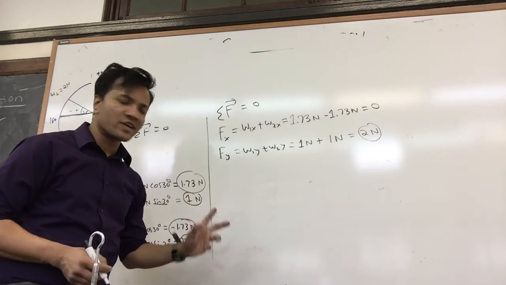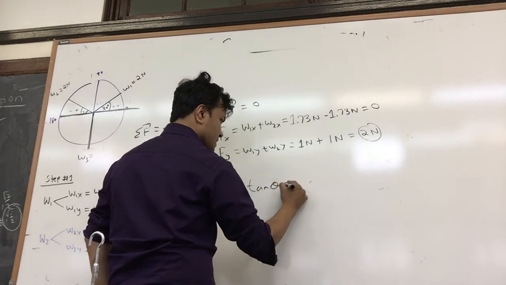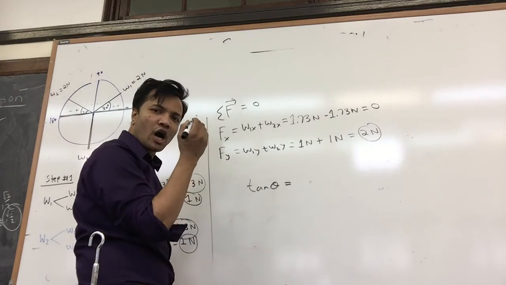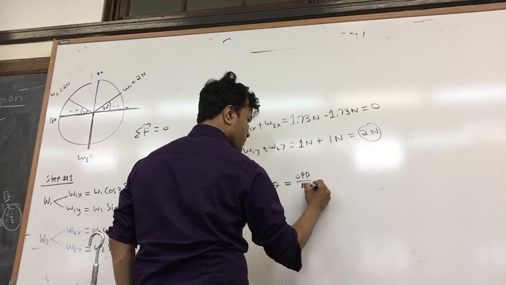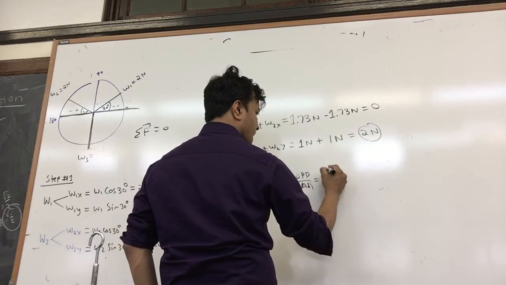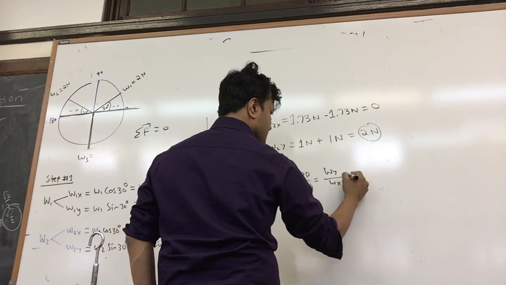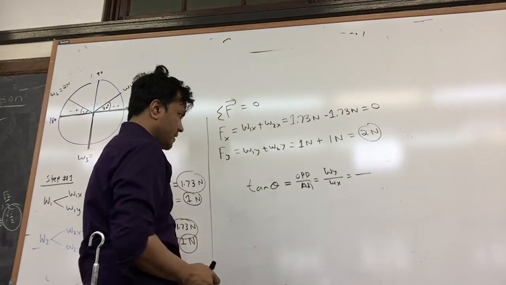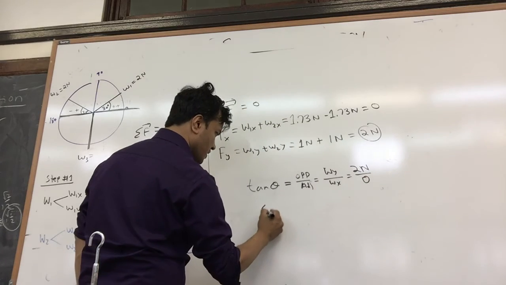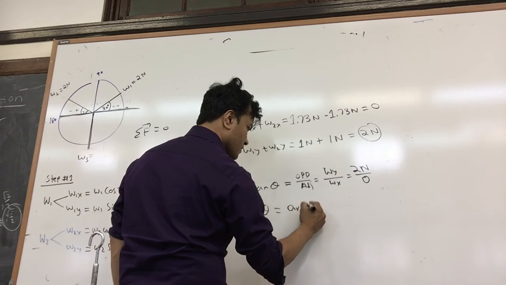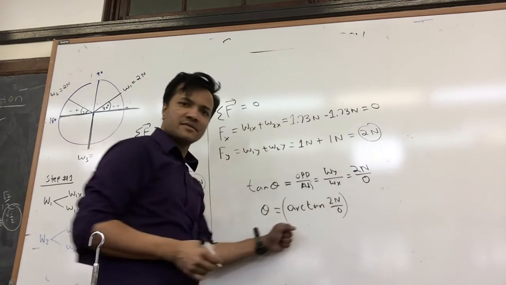But how do we know the direction? We can find the direction pretty easily. Tangent theta is equal to opposite over adjacent, Wy over Wx. Wy is 2 Newton and Wx is 0. So we're going to write theta is arctan of 2 Newton over 0. However, this is not defined.